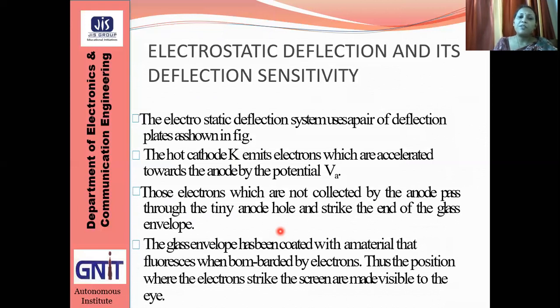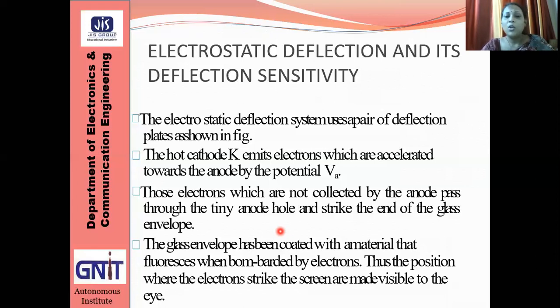So, what is the effectiveness of deflection sensitivity? The electrostatic deflection system uses a pair of deflection plates as shown in the figure, as already mentioned in our previous slide. A hot cathode K emits electrons which are accelerated towards the anode by the potential VA.